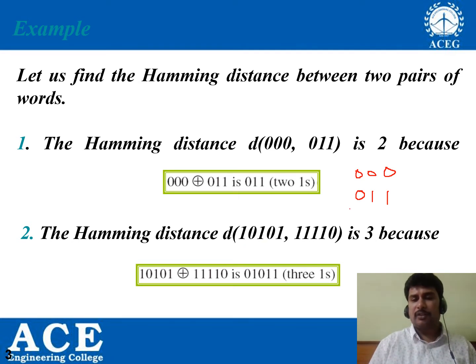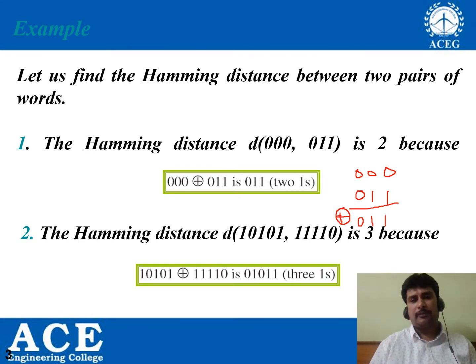Let me recollect: in the exclusive OR operation, if two bits are the same, that is 0 and 0 or 1 and 1, the result is 0, and if two bits are different, that is 0 exclusive OR 1 or 1 exclusive OR 0, the result is 1. Using these rules, 0 exclusive OR 0 is 0, 0 exclusive OR 1 is 1, 0 exclusive OR 1 is 1.